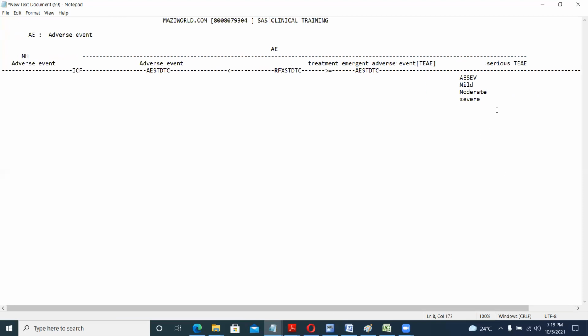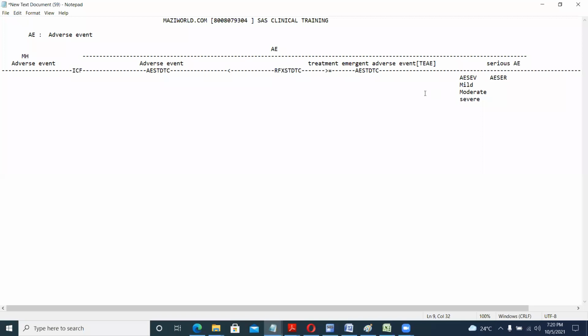These are the three names. Now suppose, for example, there is a variable with the name called AESER. Now you will come to know why serious treatment emergent adverse event. So serious adverse event you are going to call. Very simple. So now we will apply AESER. This is another variable where we need to have serious adverse event seriousness.